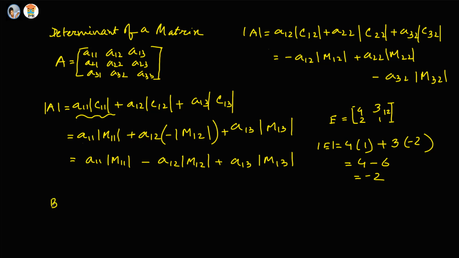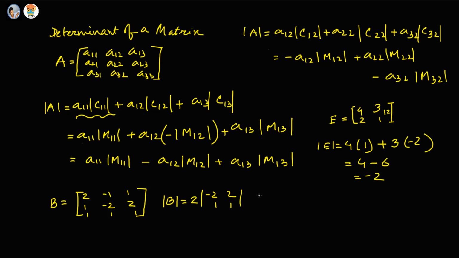Say we have a matrix B which is equal to 2, minus 1, 1, 1, minus 2, 2, 1, 1 and 1. And if we take the first row to find the determinant of this matrix B, it will be the element 2 multiplied by its cofactor, the determinant of minus 2, 2, 1, 1. Here cofactor and minor both are equal.